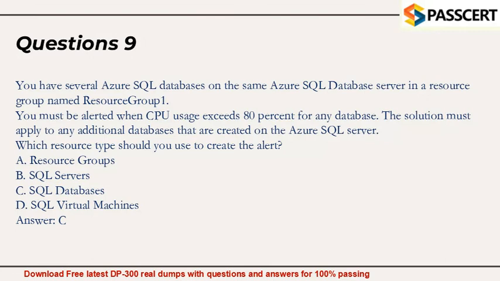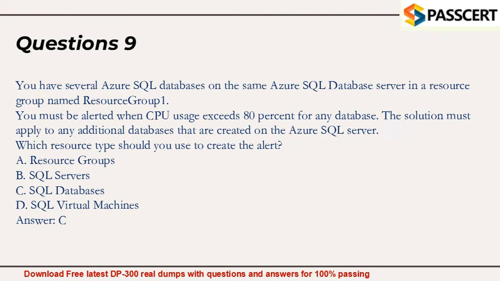Question 9. You have several Azure SQL databases on the same Azure SQL database server in a resource group named ResourceGroup1. You must be alerted when CPU usage exceeds 80% for any database. The solution must apply to any additional databases that are created on the Azure SQL server.